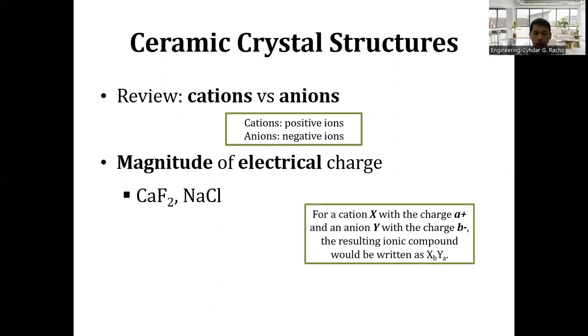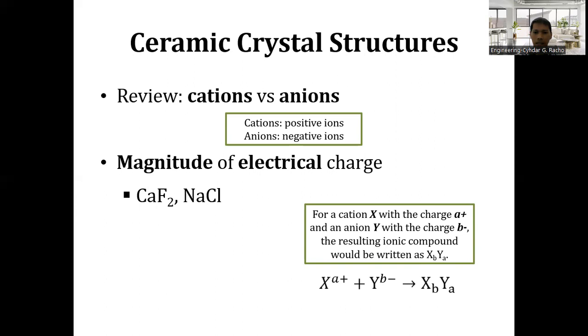So say we have a cation X with a charge of A plus, and an anion Y with a charge of B negative. The resulting ionic compound would be written as X sub B, Y sub A. So how does this happen?